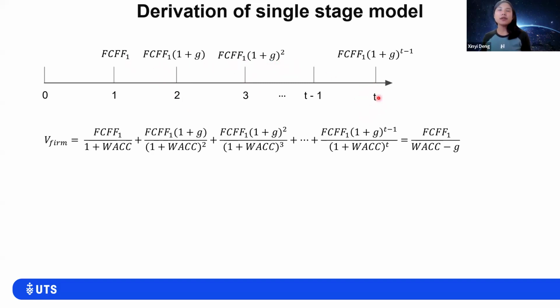Sorry, not really year here, we should call it period 1, period 2, period 3, and period T. At period T, we have the cash flow being FCFF1 times (1 plus G) raised to the power of T minus 1.